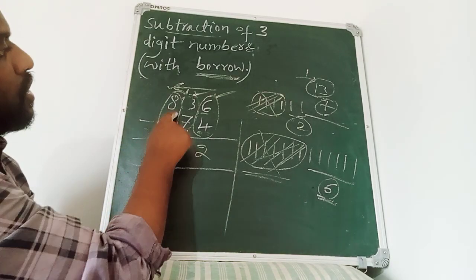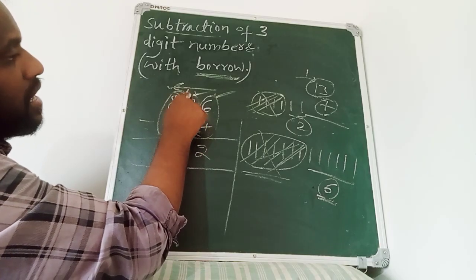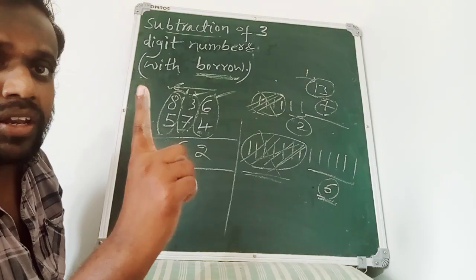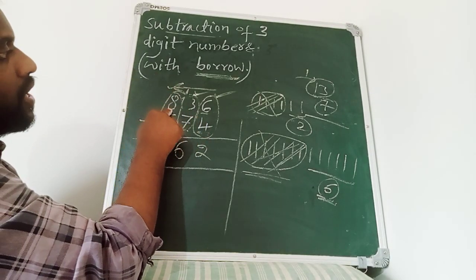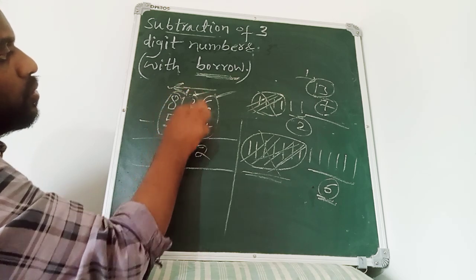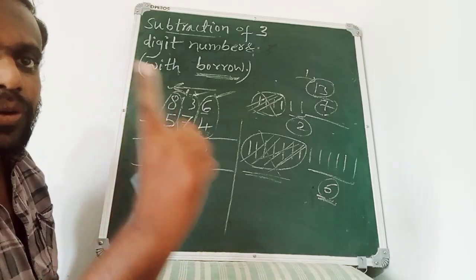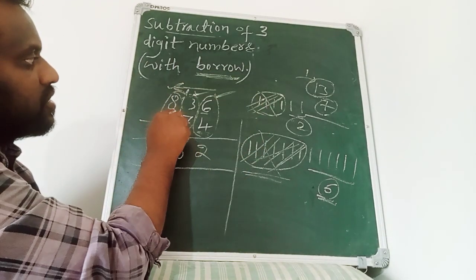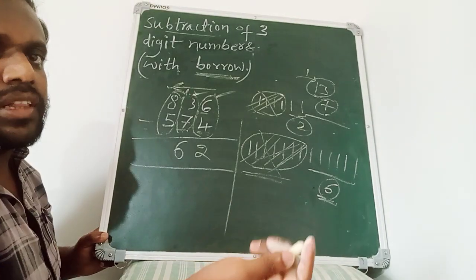Because from 8, this 3 has taken 1 as borrow. This 8 has already given 1 to this 3. So 1 has gone from 8. When 1 has gone from 8, how much is left?